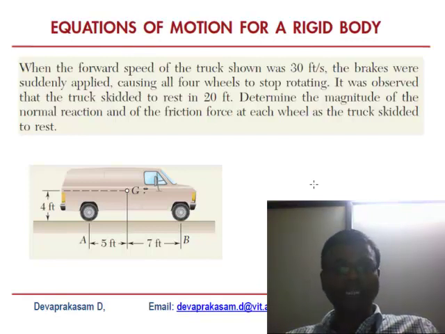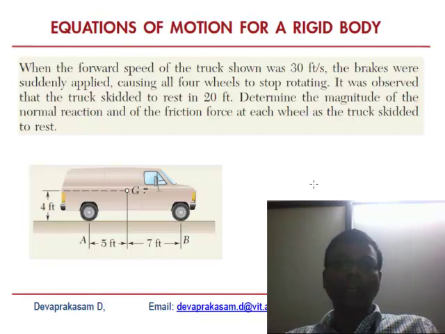The truck probably skids because of that sudden brake. When it stops, there is still momentum, which causes a skidding, a rate of change of momentum. So the truck skids to rest in 20 feet after the brake is applied.